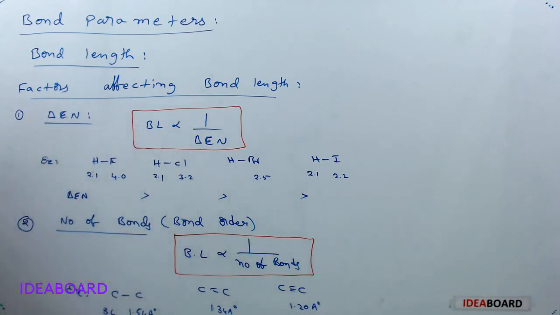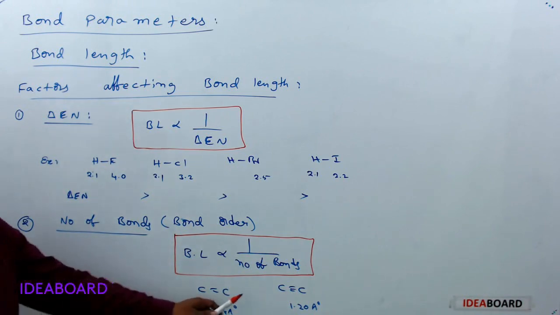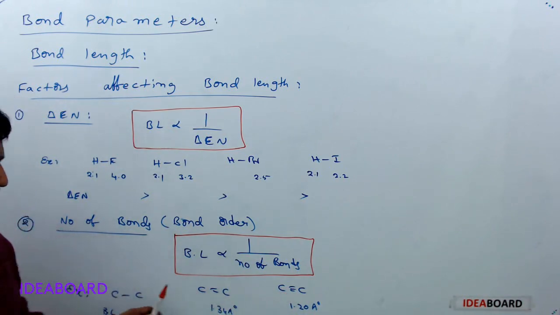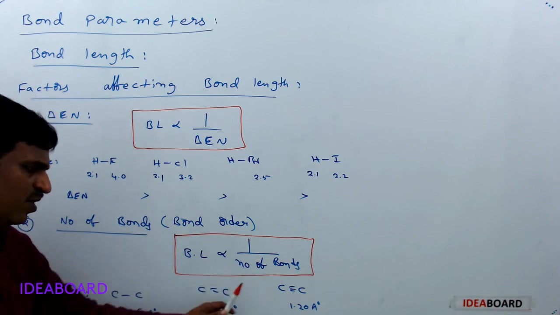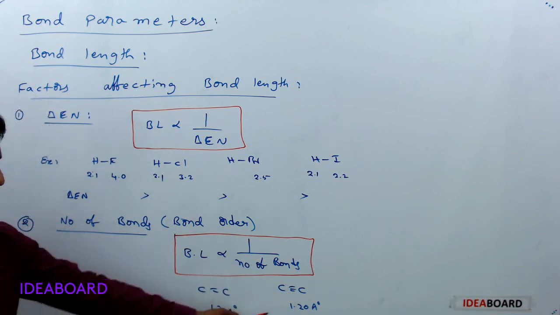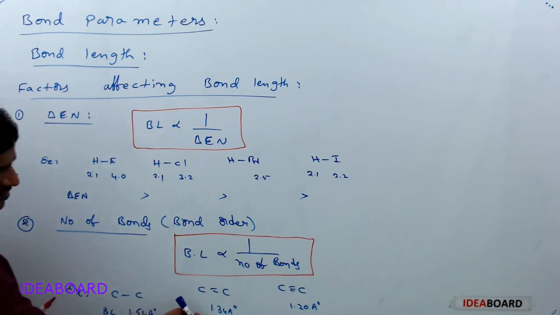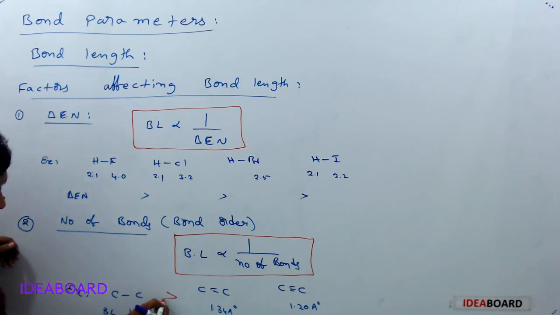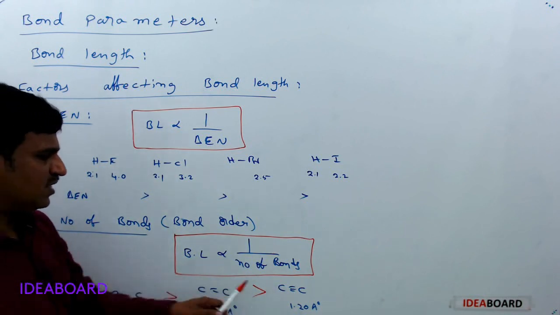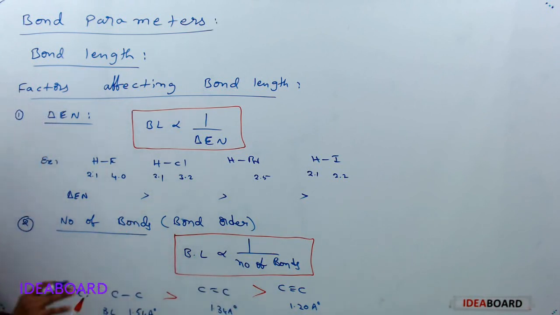Here it is one bond, here two bonds, here three bonds. Between two atoms, whenever the number of bonds increases, the bond length value decreases. So as the number of bonds increases, the bond length decreases. That is the second factor.